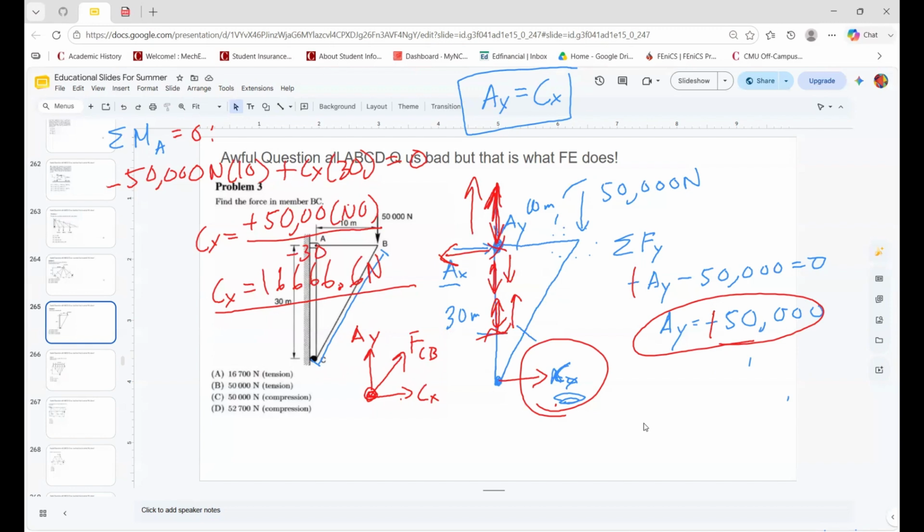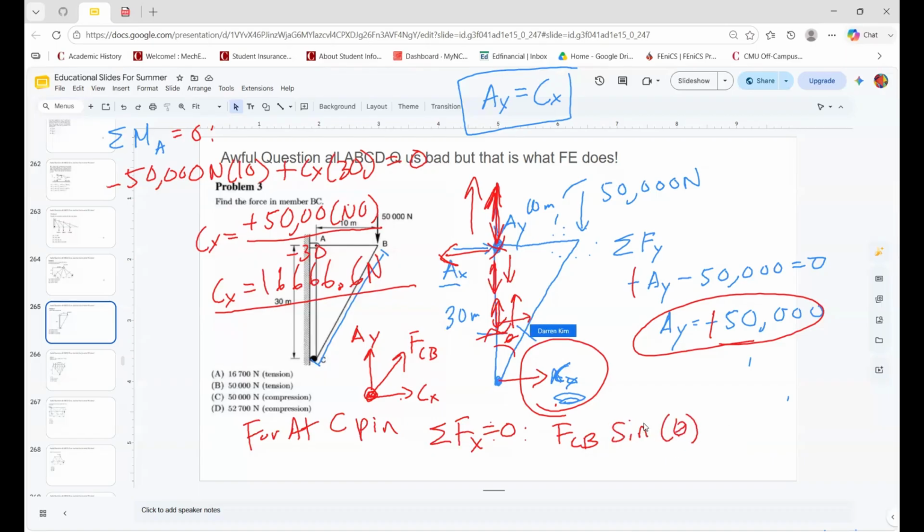Anyways, either way, you don't need that because you can add for at C pin. We could do a summation of Fx, basically. With that being said, it basically equals 0 first of all, and then you do F of CB. We need this angle over here or this angle, I don't really care which one you choose. But if you chose that one, it'll be sine theta, right?